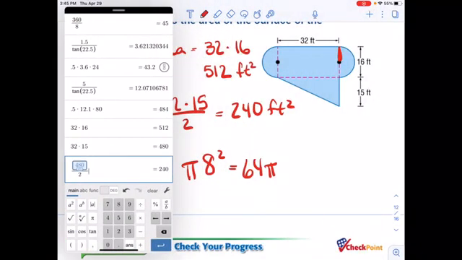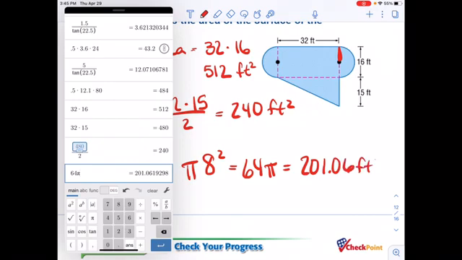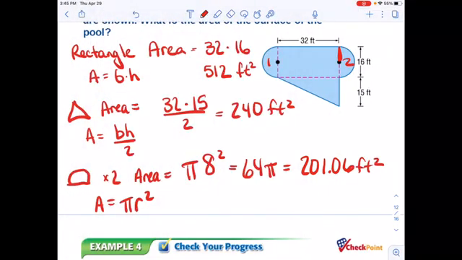I take my 8 squared first, and I get 201.06 square feet. Now notice that is the area of a whole circle, because there are 2 of them, if you put them together you get a whole circle, so you can just leave it like that.